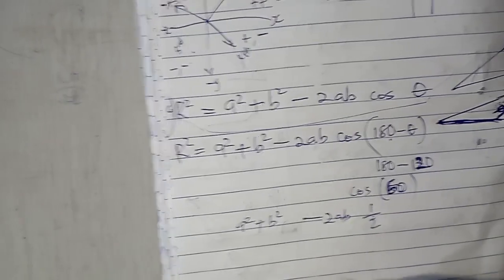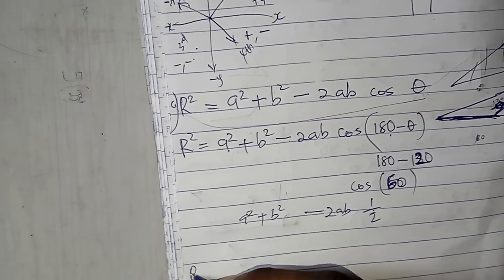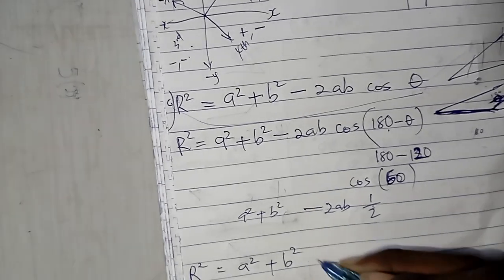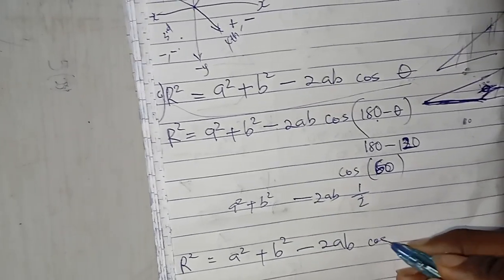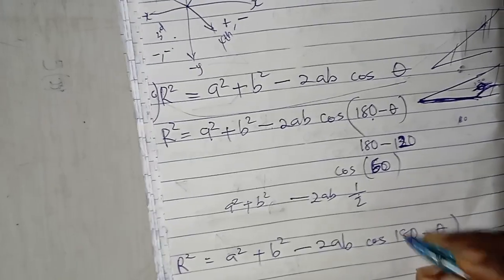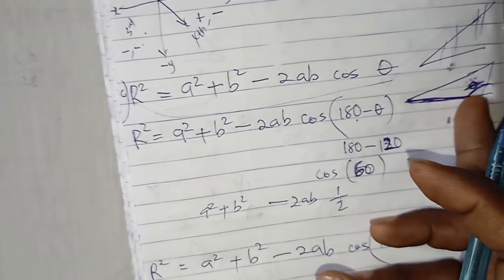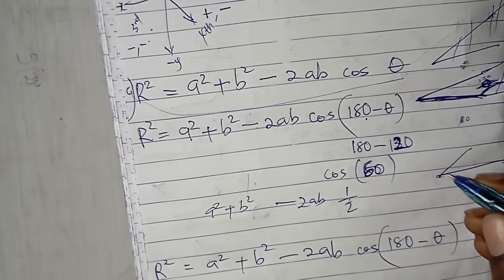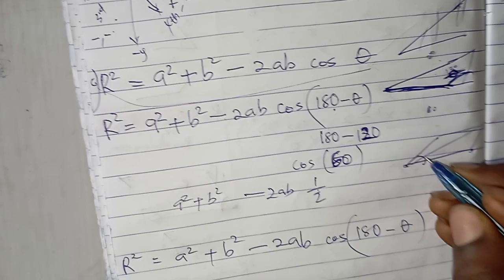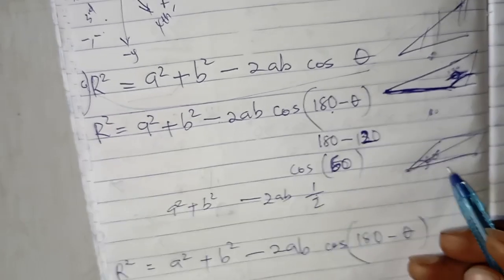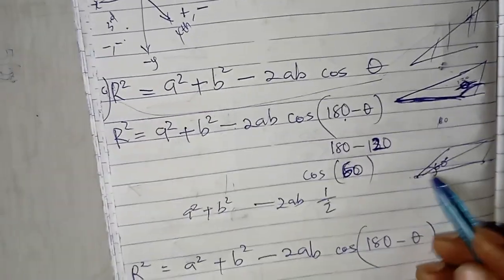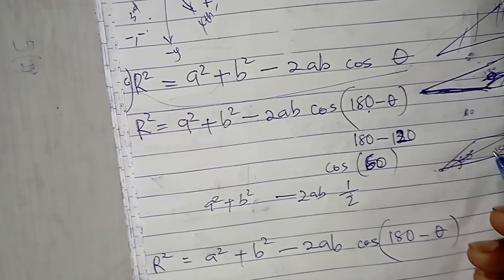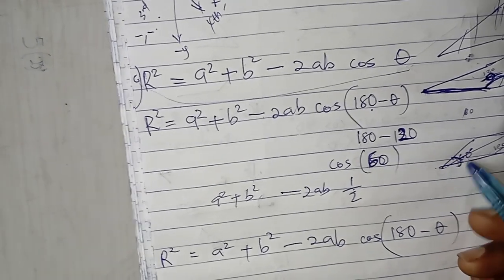But let's say r square equals a square plus b square minus 2ab cos 180 minus theta, and you were not given this angle. Say I have 60 degrees here, and you forgot that with angles on a straight line, 180 minus 60 gives 120 here, so you used 60 degrees.